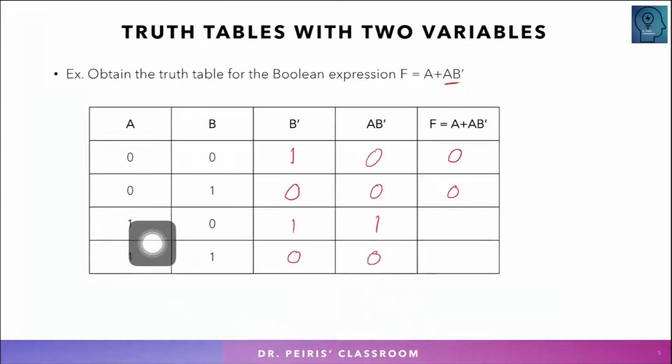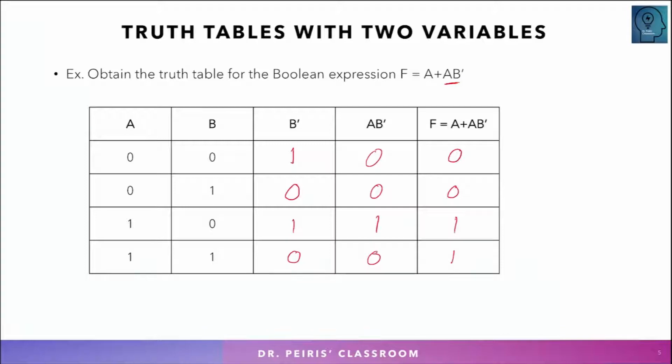In this one, this is 1, so if at least one is 1, the output is always 1. You don't even need to look at the other one. So this is the truth table for this given Boolean expression f.